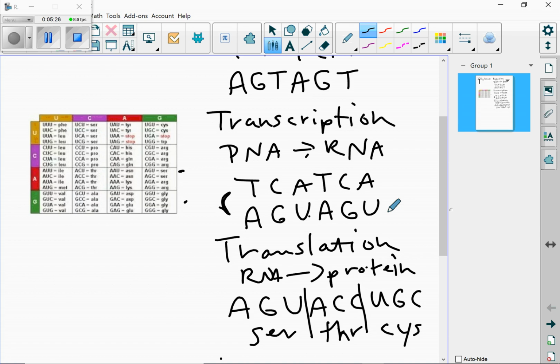Something else I wanted to go over with you guys really quickly is a lot of you had left off the types of RNA, but their functions are really important. Messenger RNA, really, that's what this is. We said it's going to carry that code out of the nucleus to the ribosome. Also, transfer RNA, it's going to actually take the amino acid.